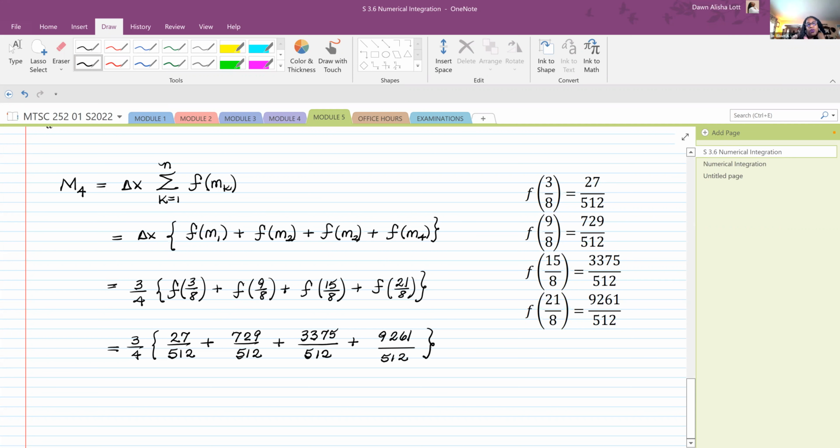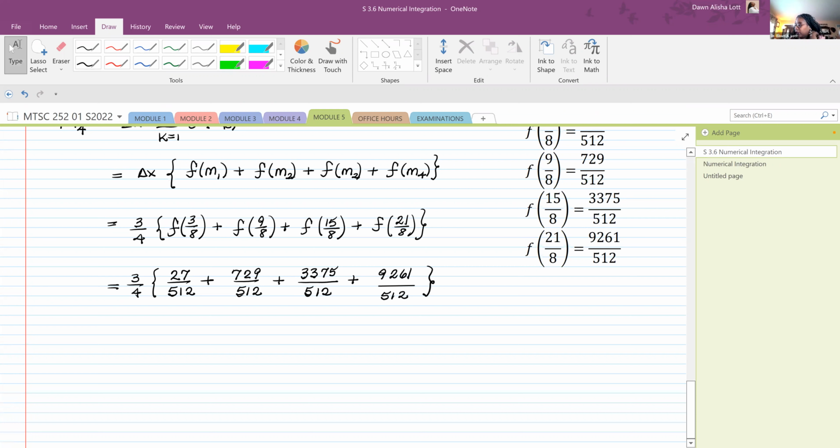Okay, so now the way to do this is easy. If you've done it like this, you can factor out the 512. So this becomes 3 over 4, factor out 1 over 512. And then on the inside, you just get 27 plus 729 plus 3,375 plus 9,261.